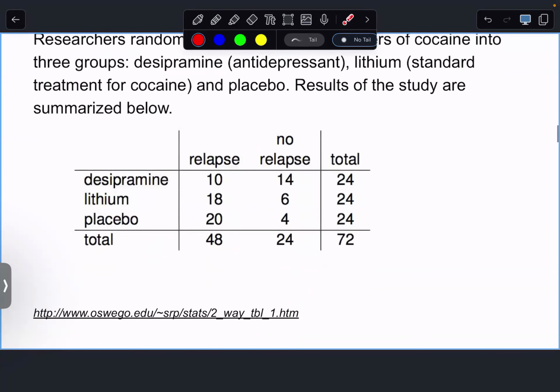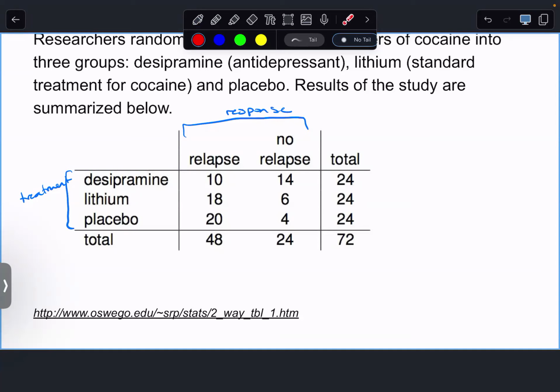So here we've got the treatment that they got, and here's the response that we saw. Looks like they were evenly distributed amongst the 3 treatment groups, which is pretty typical, right? 24 in each group, randomly assigned.